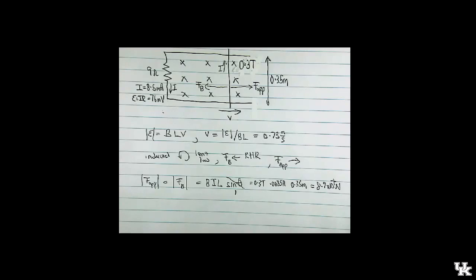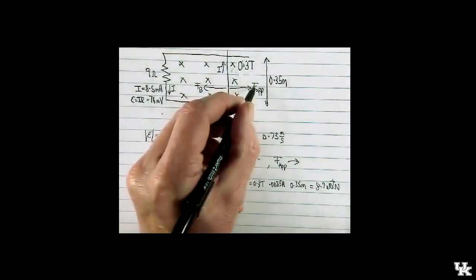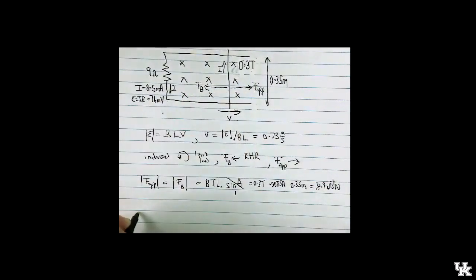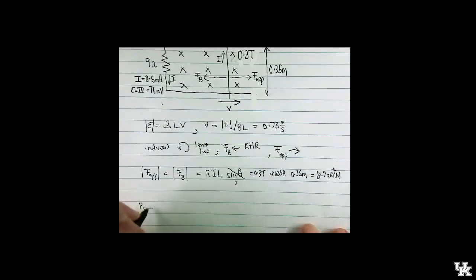It's how many joules per second I'm transferring. It's the energy I'm inputting into the arrangement. And so with this applied force, I'm supplying some power. I'm going to call it P subscript S for supplied power.